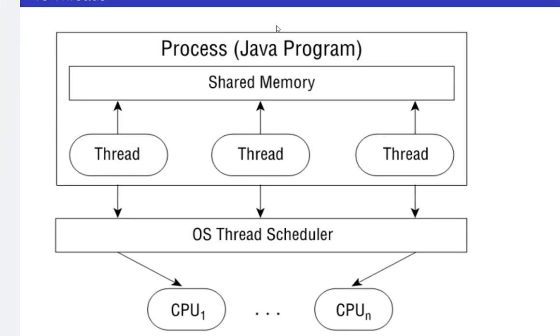So as I was saying before, in Java, typically my program is one process, though not always. When I run it, I have a space of memory where my program runs. However, in my program, I can spawn what are called threads.